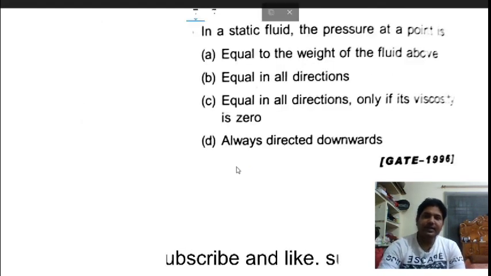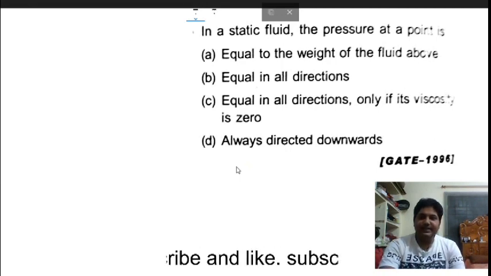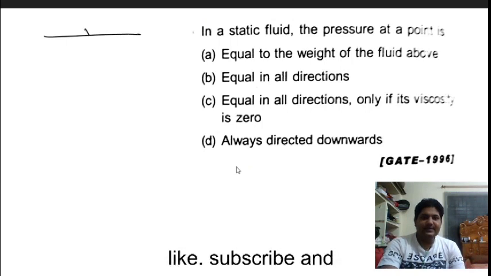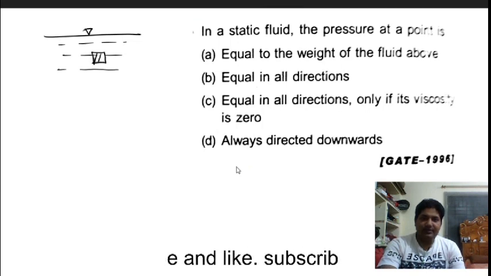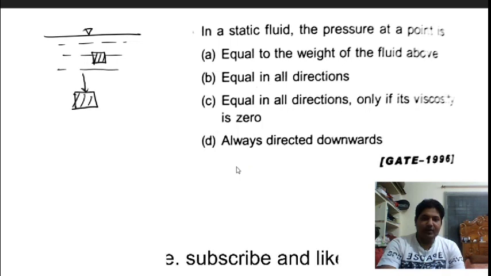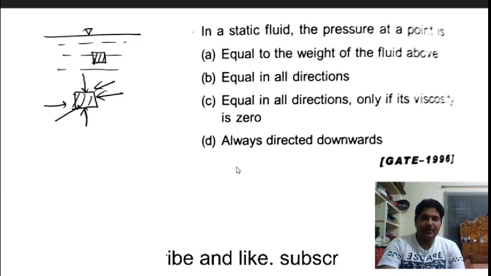In a static fluid, the pressure at a point is equal in all directions. Suppose you consider a fluid element, the pressure in all directions will be the same. Suppose this is Px, this is Pz, and this is Py.